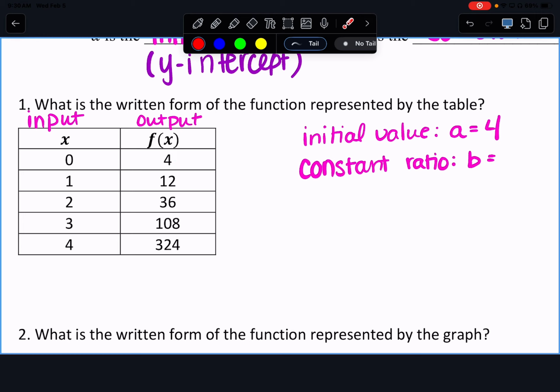What do I need to multiply 12 by to get 36? And 36 by to get 108? What do you think our constant ratio is going to be? 3. You can also find this by taking whatever your value is at 1 and saying 12 divided by 4, and that would tell you that it's 3.